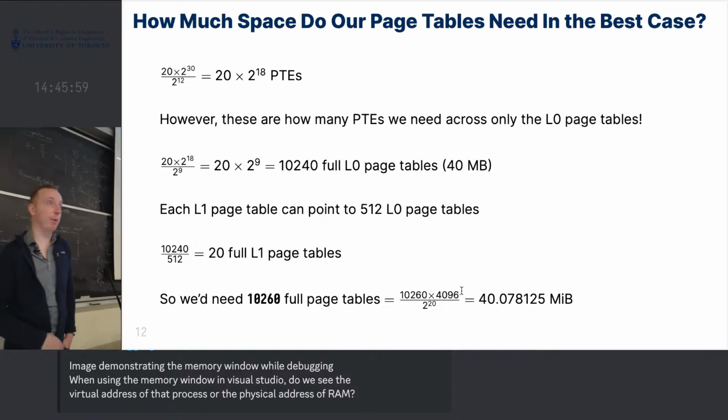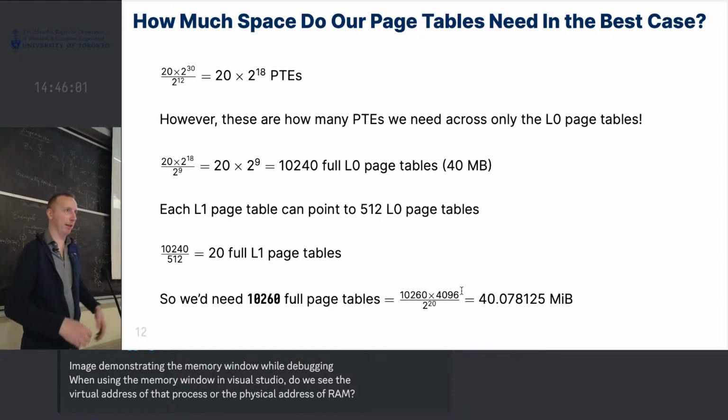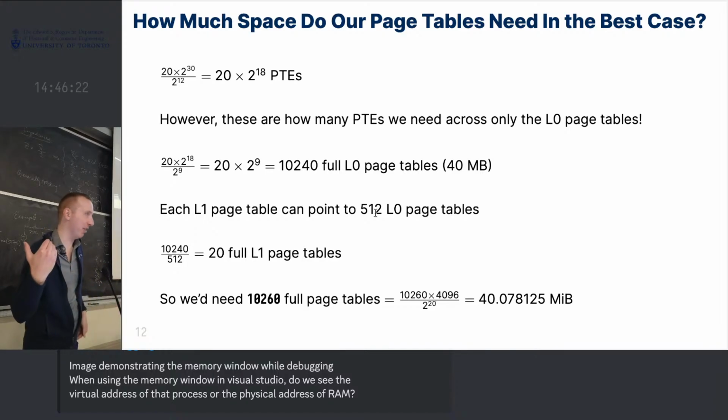In this case, we wouldn't have the worst case because we're mapping all that virtual memory together, so all the addresses would be contiguous, beside each other in the L0 page tables. The worst case would be if we were on a boundary of our L1 page tables, so we might need another one.